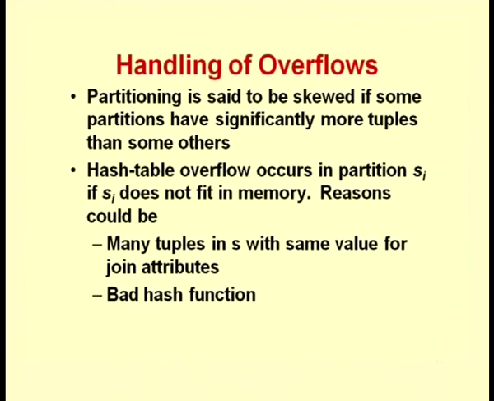Next comes the question of handling overflows. Here also overflows can occur. A partition is said to be skewed if some partitions have significantly more tuples than others. Hash table overflow occurs in partitioning Si if Si does not fit in memory. Reasons could be many tuples in S with the same value for the join attributes, or a bad hash function.